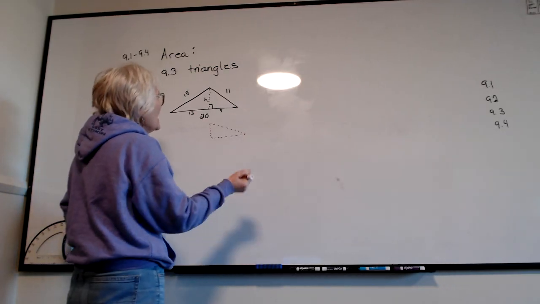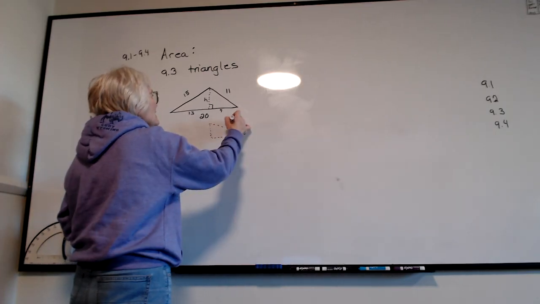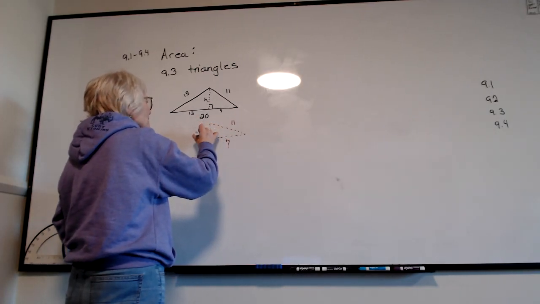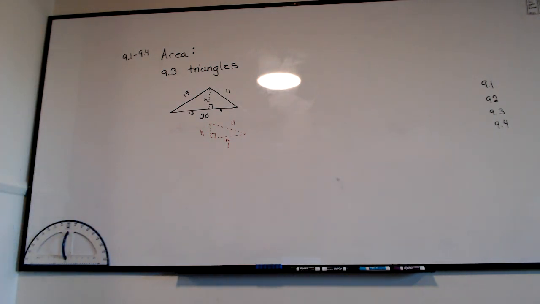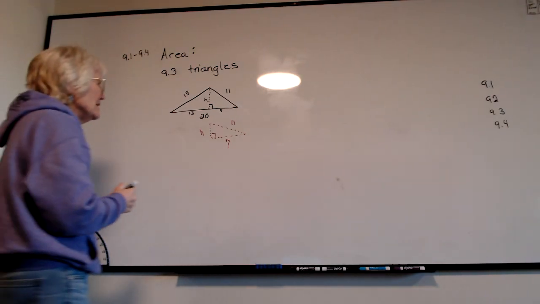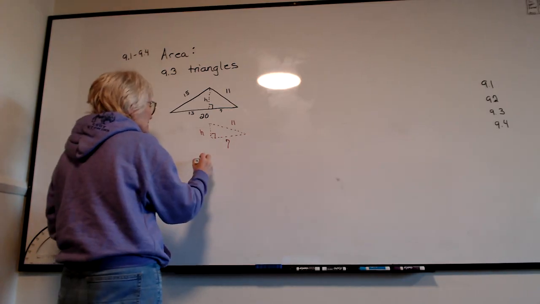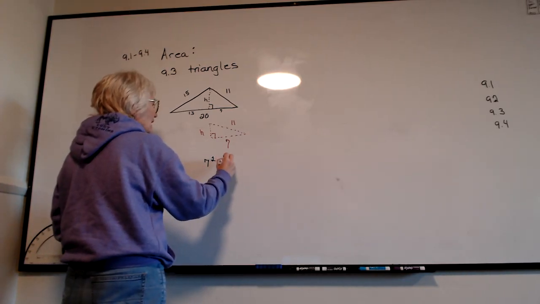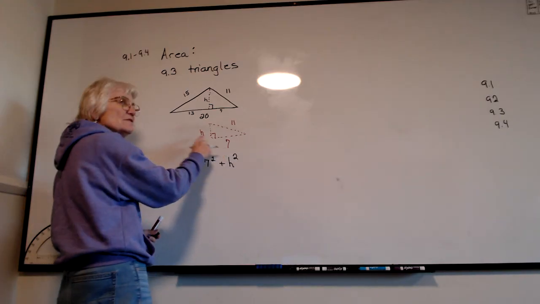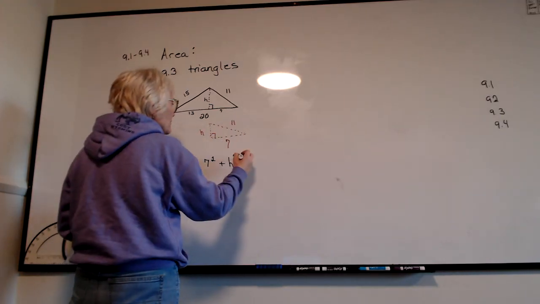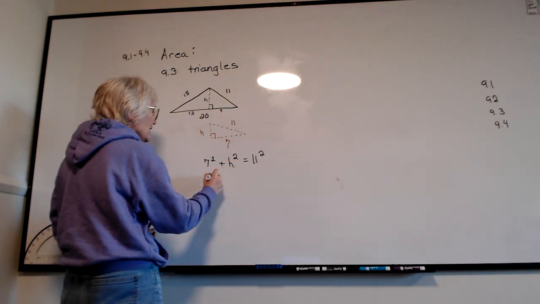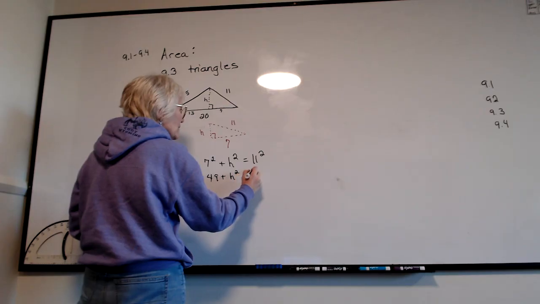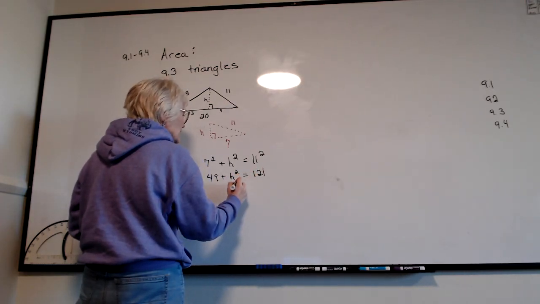So that means I have this as 7, this as 11, and I'm looking for the height. I have a right triangle. Pythagorean's theorem works. So it's going to be 7 squared plus h squared, because those are the two legs, and that equals 11 squared. So I get 49 plus h squared equals 121. H squared will equal 72.